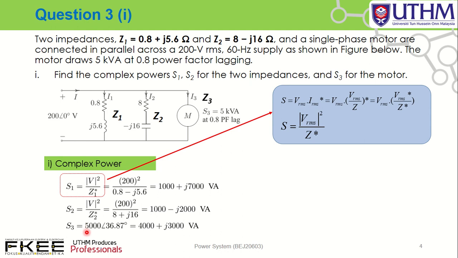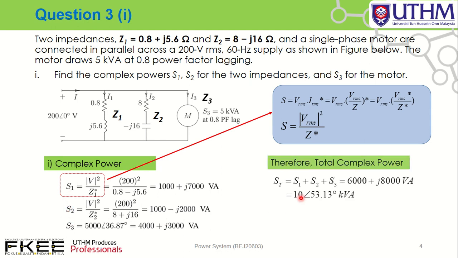So S equals 5000 at an angle of inverse cos 0.8, equal to 36.87 degrees positive. You can use your scientific calculator to transform from polar form to rectangular form. This is the real power, and this is the reactive power. So we can determine S1, S2 and S3.